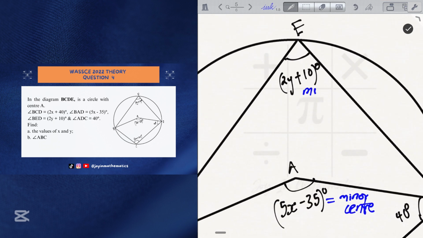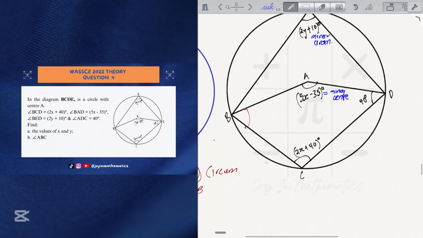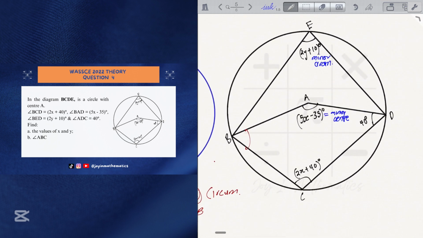So this will be the minor circumference. Now in the same vein, if you notice this, there is a major arc projection to the circumference here. So let's use the red to simplify this.